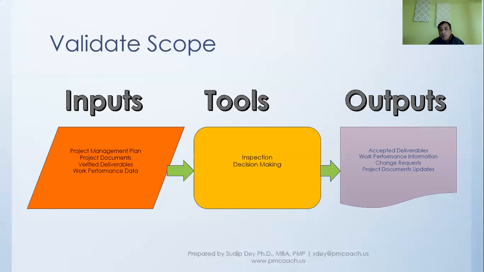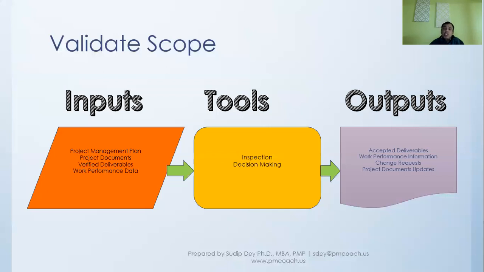And then the outputs. The really big output is the accepted deliverable, because at the end of it, after the validation, provided that they are happy with what they're seeing, the user, the client will accept the deliverable. Another output is a change request.